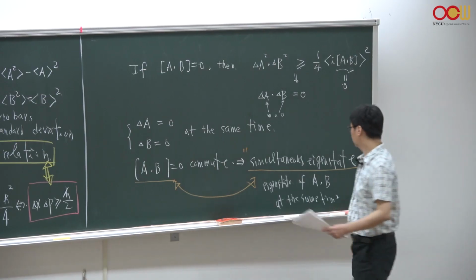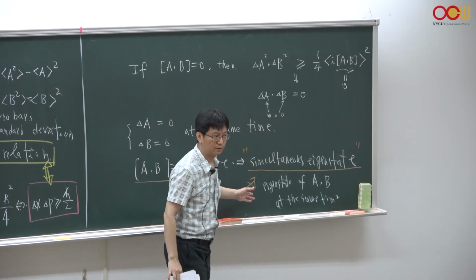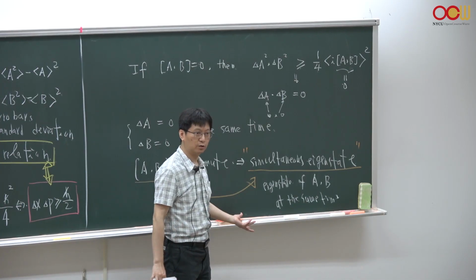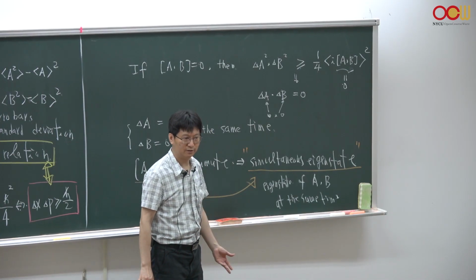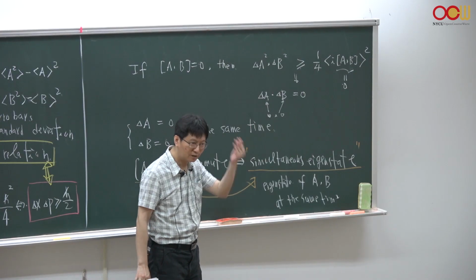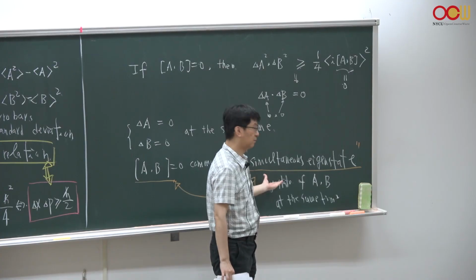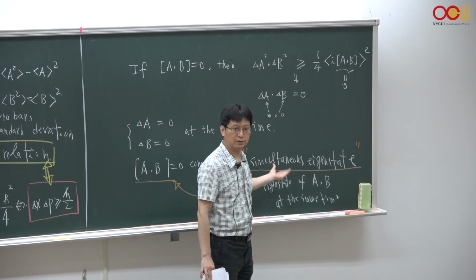So when the particle is in the simultaneous eigenstate of A and B, you can for sure measure these two quantities with 100% accuracy.